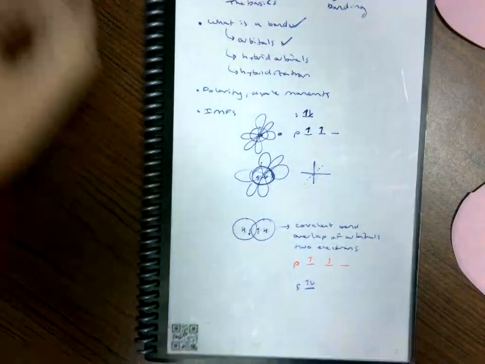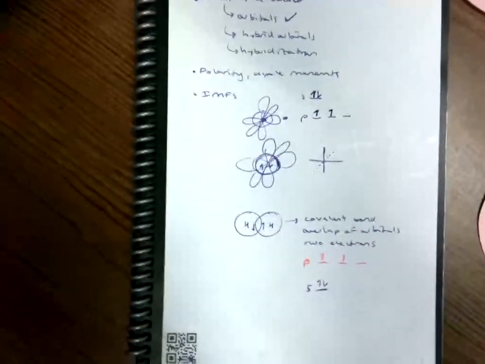So that is sort of an overview of hybridization. And hybridization can take place where only two p's are involved and one s. So there's a variety of things that you can look at.